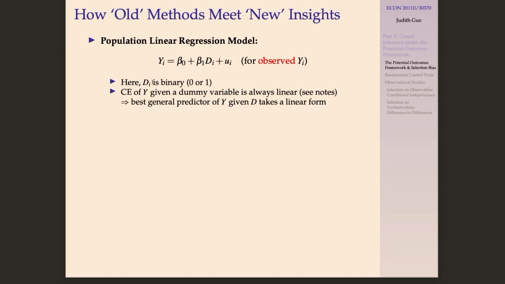And then remember that the conditional expectation of Y given D is the best nonlinear prediction for Y using D. But since this best nonlinear predictor actually takes a linear form, then it must also be the best linear predictor. But we know that the best linear predictor is essentially given by the population linear regression function.